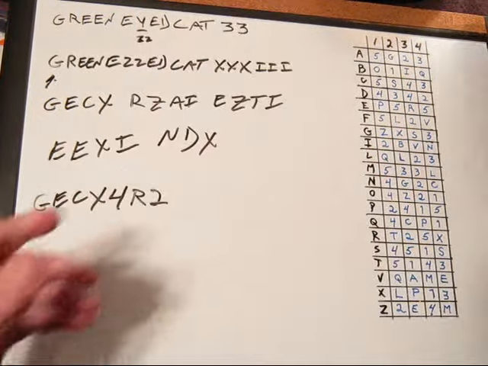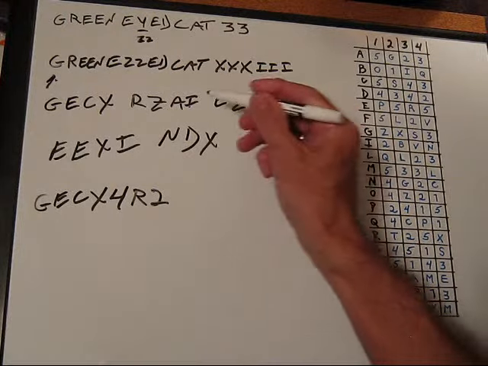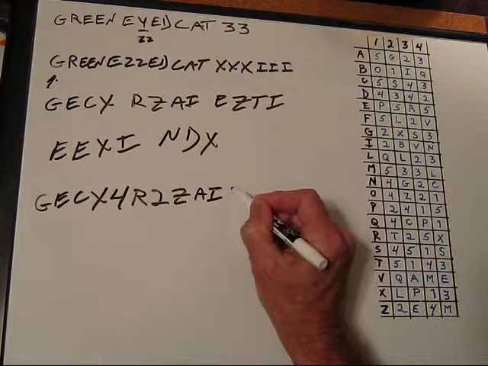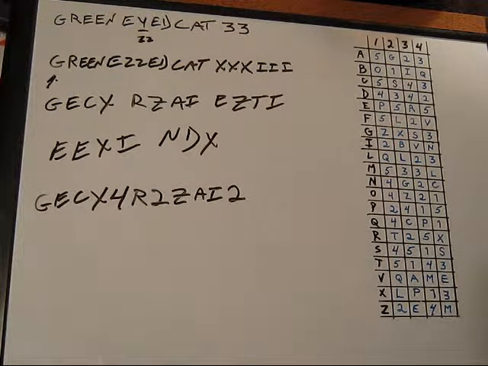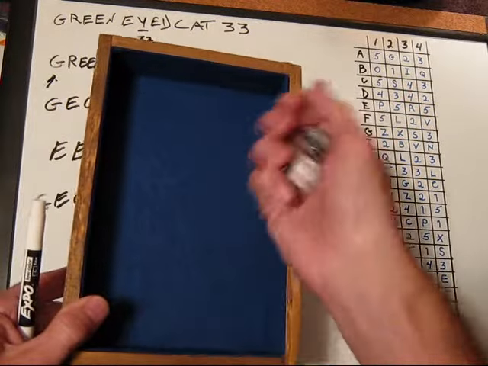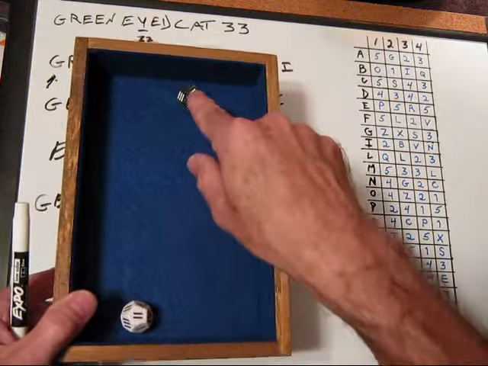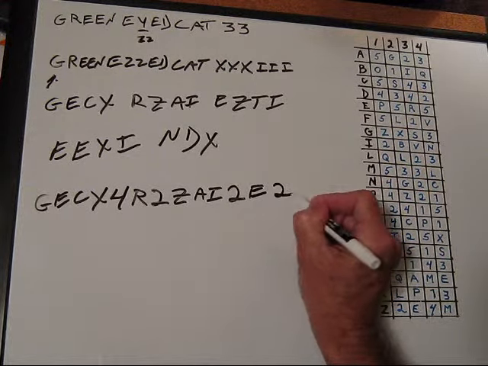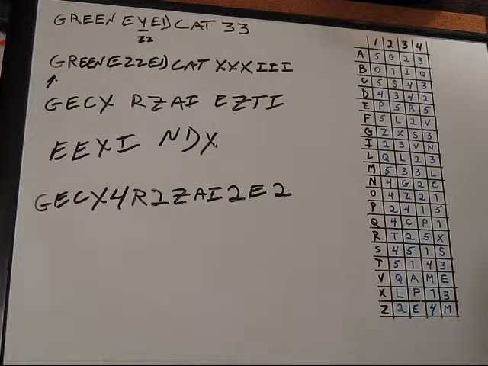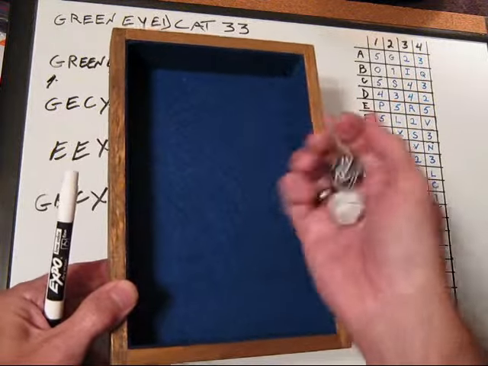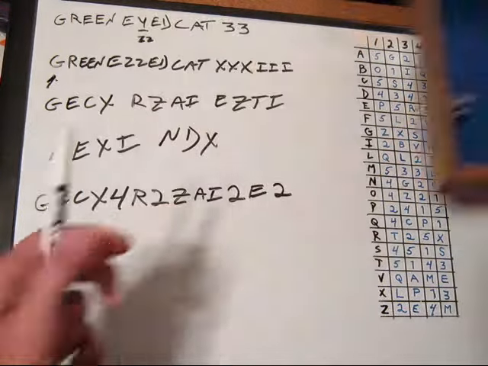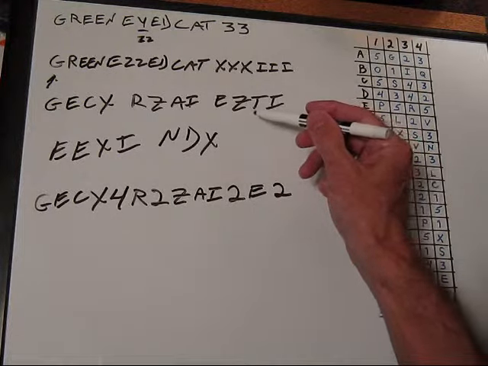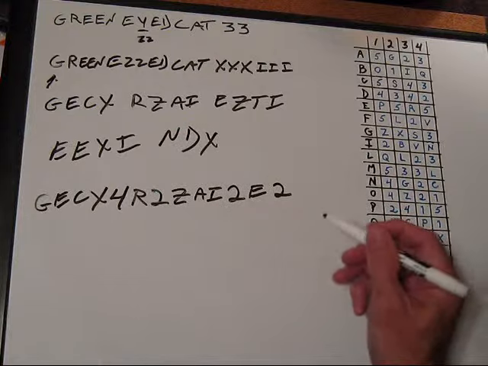Go over 3 and do a 2. Z, A, I. Go over 1 and do a 2. Go over 4 and do a 4 again. Z, T, I, E.